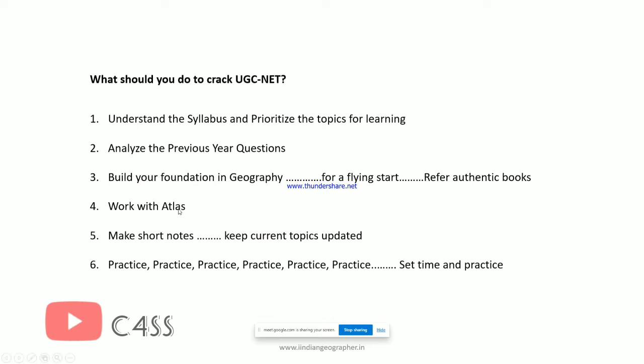Then an Atlas is a must, right? Without an Atlas, questions on India and even on the world cannot be answered. So you need this, and a lot of work on the Atlas is required, without which it will be very difficult to get the percentage of marks required to get a JRF, right?